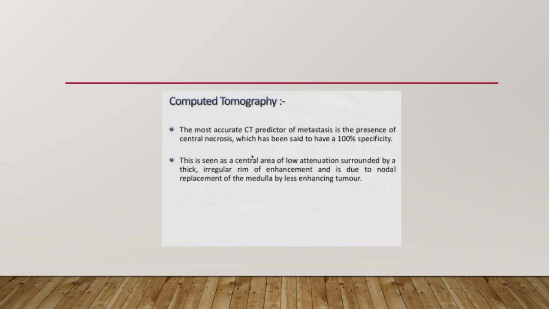So, in CT the central area is of low attenuation, whereas in the ultrasound the central hilar region is hyperechoic and the surrounding cortex is hypoechoic. It is somewhat the opposite in CT scan, where the central area is low attenuation and the surrounding area is thick and irregular.